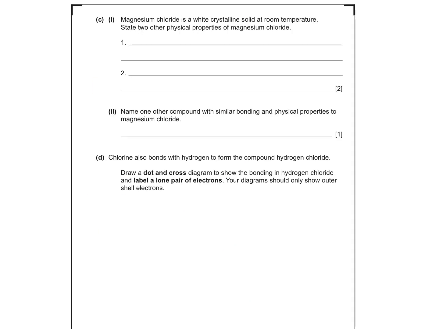Part C1. What this question is asking you is to give 2 physical properties, not chemical properties, of an ionic substance. Magnesium chloride is an ionic substance, so you just need to be able to recall something like soluble in water.